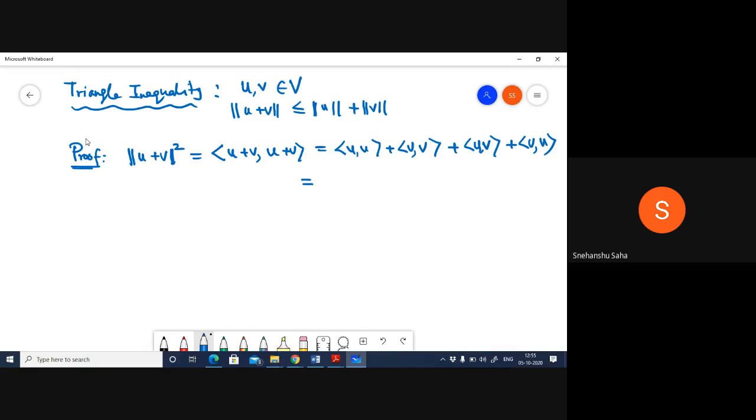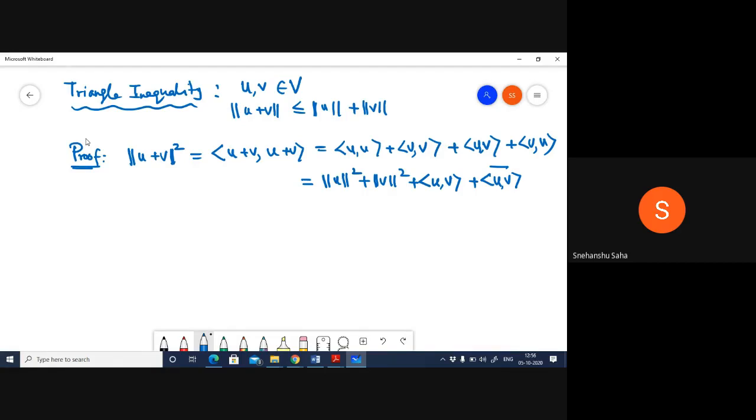Now, the first term is norm of u square, the second term is norm of v square, and then the first term is fine. Okay. If I want to switch the order of v and u, I can do so, but then I'll have to wrap a complex conjugate around it, right?